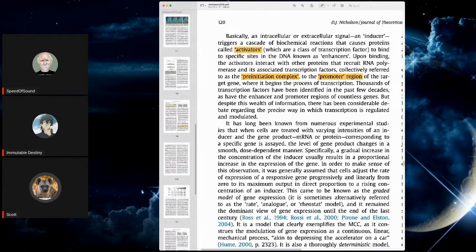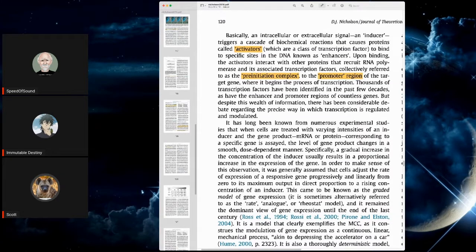Thousands of transcription factors have been identified in the past few decades, as have the enhancer and promoter regions of countless genes. But despite this wealth of information, there has been considerable debate regarding the precise way in which transcription is regulated and modulated.